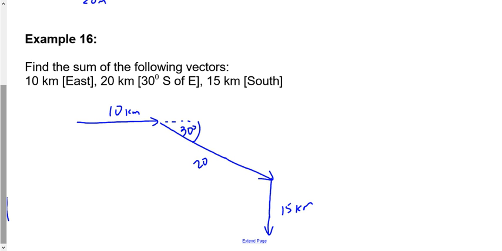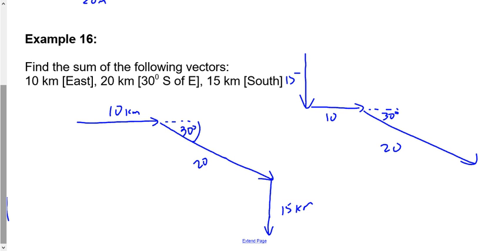Now, could I have drawn these in different orders? Absolutely. This second one, it would be a little bit odd to do that because of the way they have it listed in the question, but we could have said 15 kilometers, then 10 kilometers, and then 20 at 30 degrees south of east. It wouldn't make any difference.